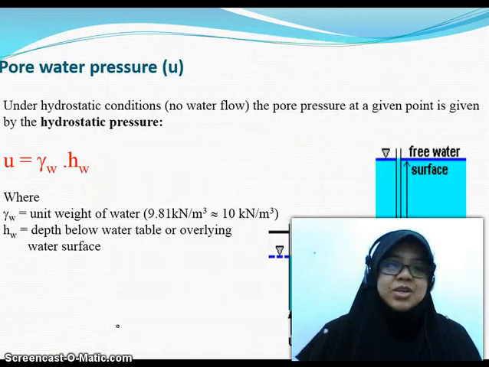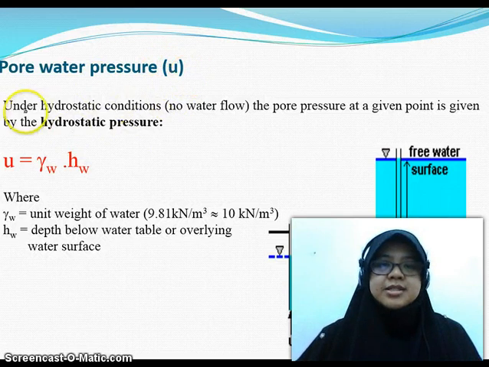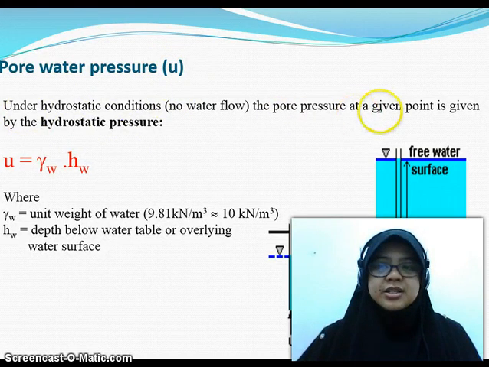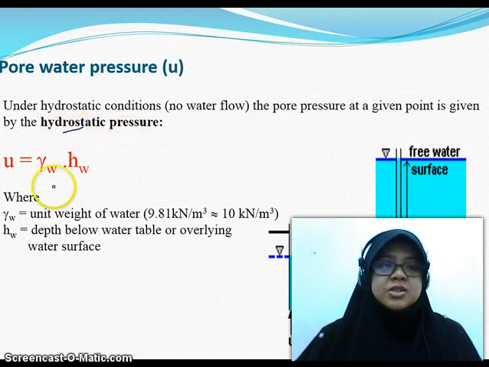Okay, let's continue with the explanation of pore water pressure. Pore water pressure is the pressure at a given point that has been induced by the hydrostatic water.